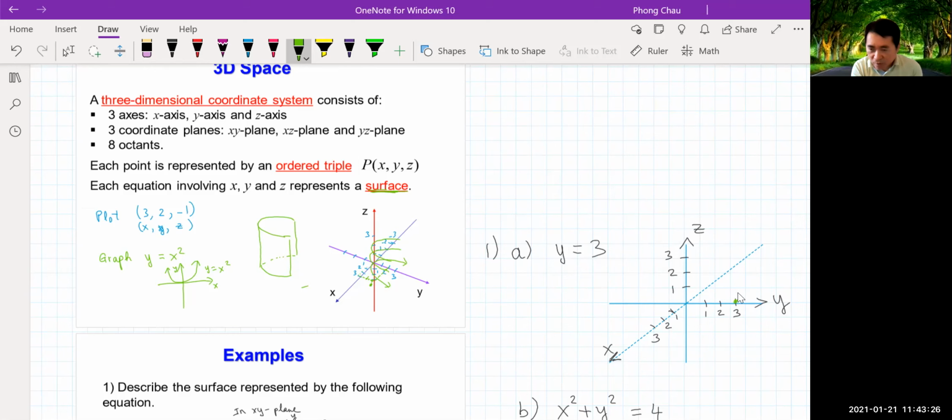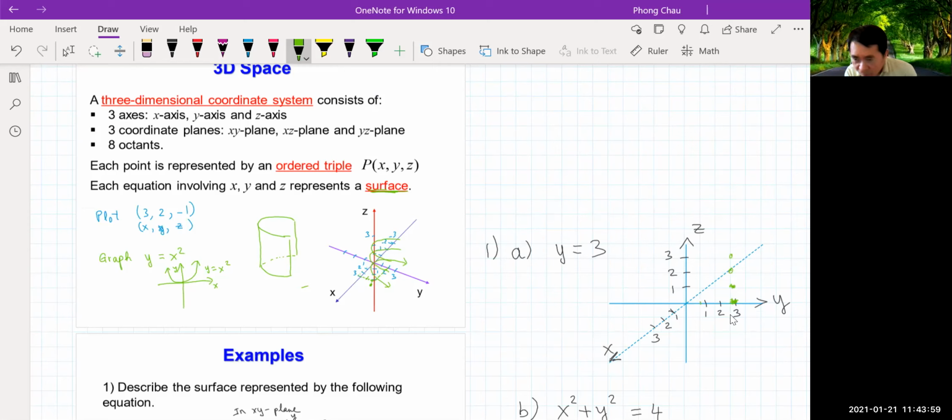So you see this point, this point. I think my 1, 2, 3, yeah, that's right. So 1 is supposed to be here, 2, and then 3 is here, here, here.